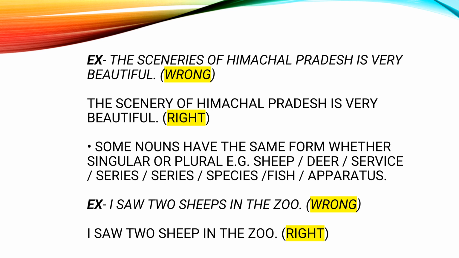Even if you saw multiple sheep, you cannot say sheeps. You have to say the number of how many sheep you have seen, and along with that you use sheep without s. So I saw two sheeps in the zoo is a completely wrong statement. Instead, I saw two sheep in the zoo is the right statement.